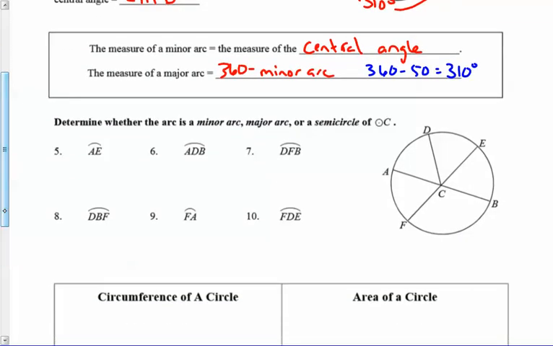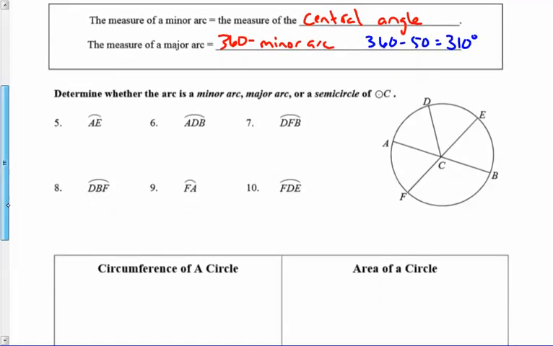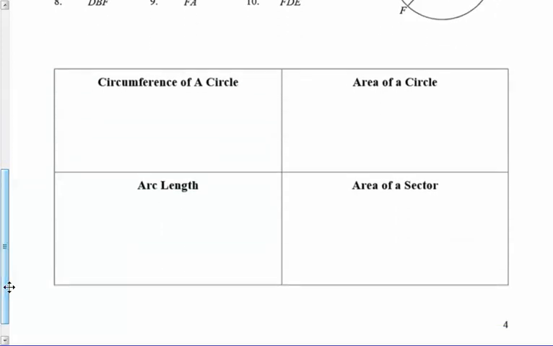So a little bit of practice here, determining whether these things are major arcs, minor arcs, semicircles. Remember, a semicircle has to be exactly halfway. All right? And then just a couple formulas that I want you to make sure you know. Circumference of a circle equals 2 pi r, or also known as circumference equals pi times the diameter.